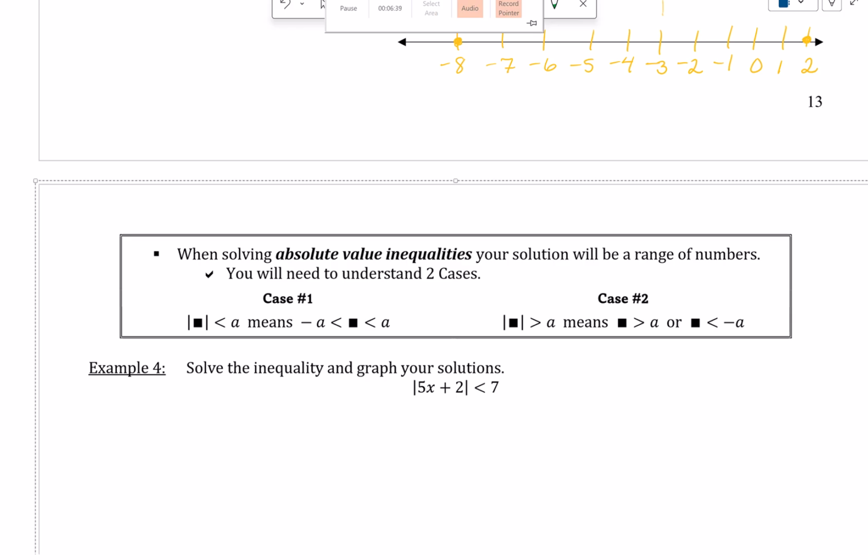So the part inside the absolute value has to be greater than -a and less than a. If it is greater than a, then that breaks into a or. So either that absolute value is greater than a or less than -a. So you're going to want to know this so you can tell which case you're going to see.